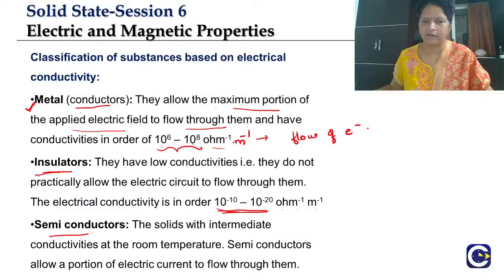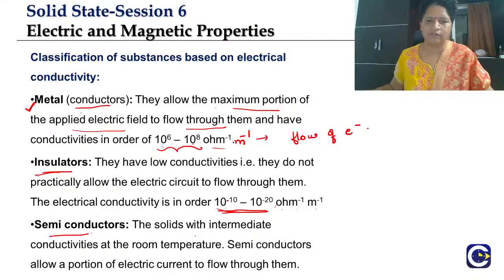So the conductivity is almost a negligible value. The negative power makes it very small. The conductivity value is very low, see, minus 10, minus 20. Semiconductors lie between metal conductors and insulators.